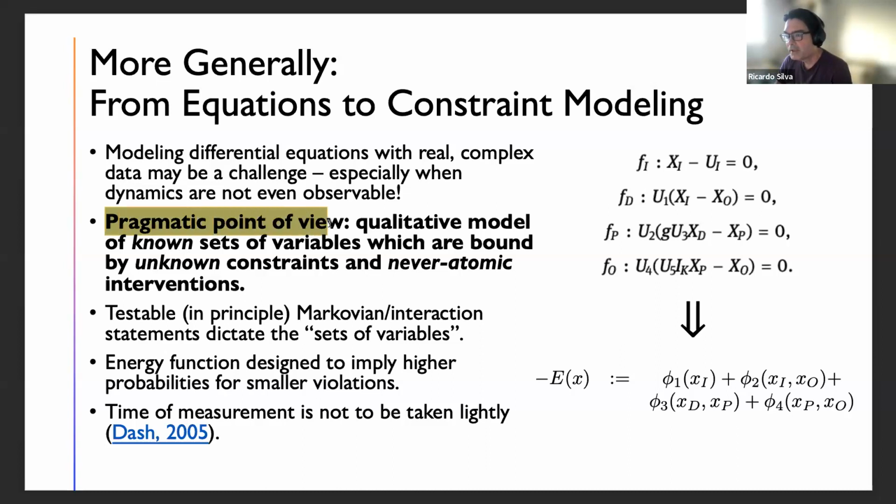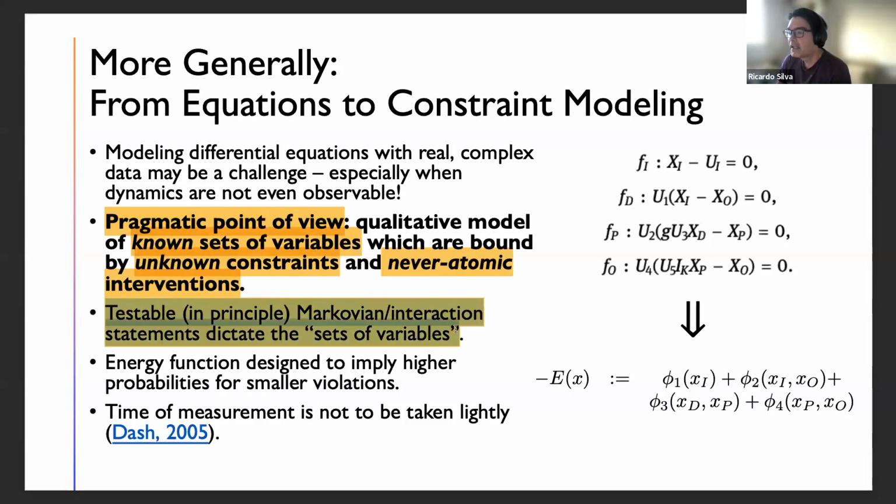So from a pragmatic point of view, this would motivate defining which sets of variables will be tied by constraints. The parametric shape of the constraints will be unknown, but they will be modified by interventions, again in a way that you may need to learn from data. Now, these may be very loaded in terms of assumptions, but in principle, everything is formulated in a way that you could test by experimentation.